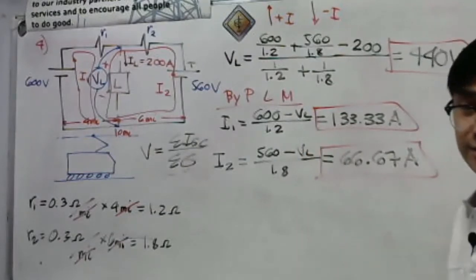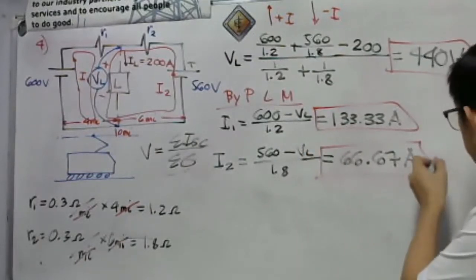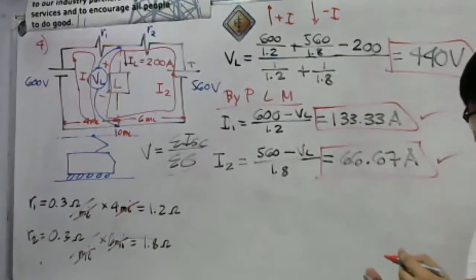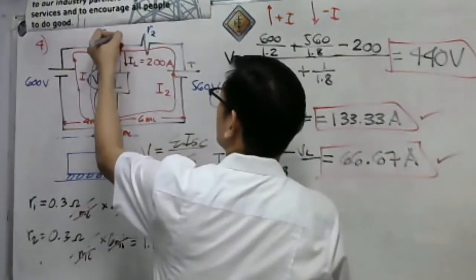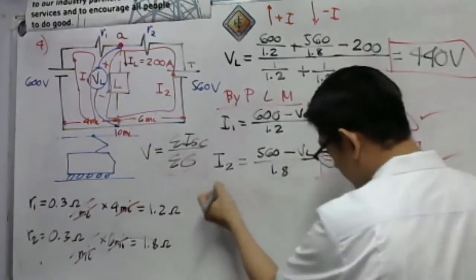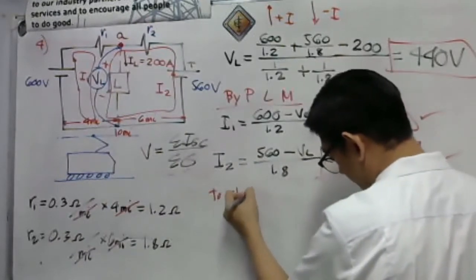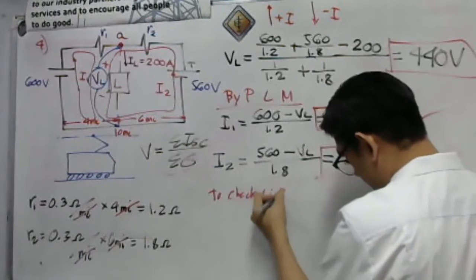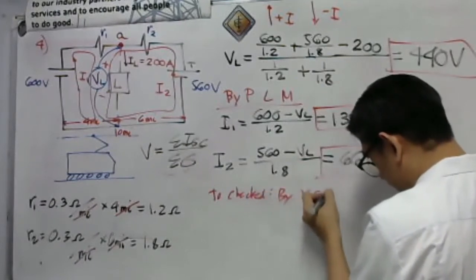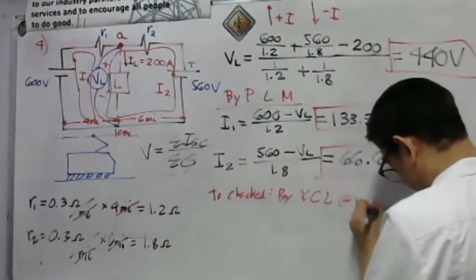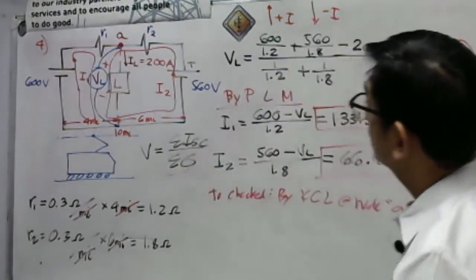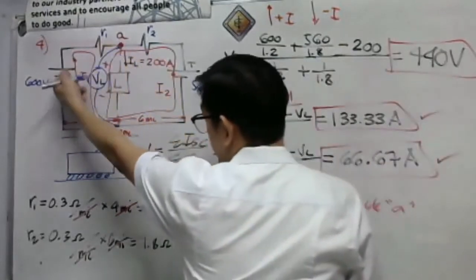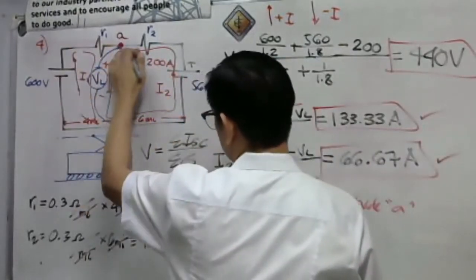How to check our answer, if that is right or wrong? Of course, take a look here. To check, we use Kirchhoff's current law at node A. Of course, the current entering is I sub 1 and I sub 2.